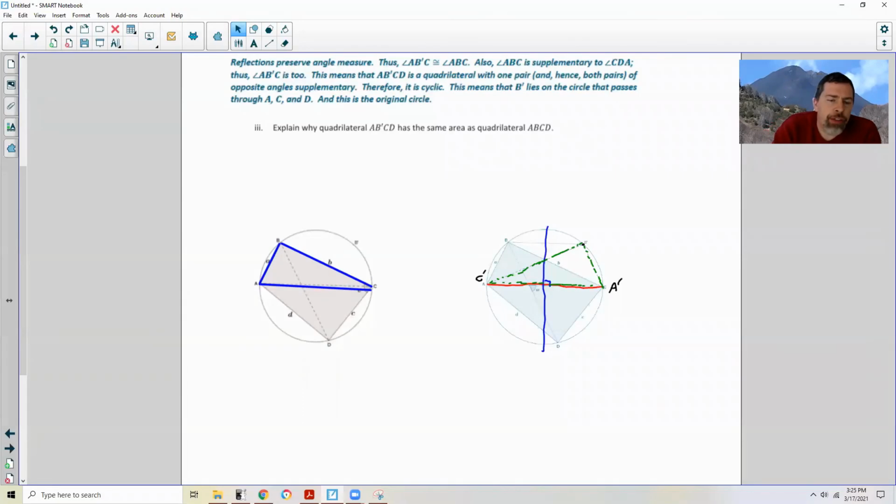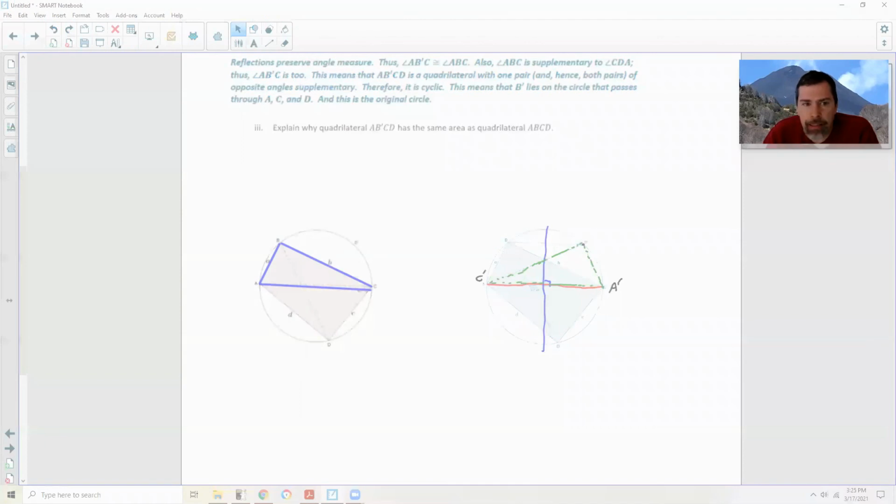Okay, part 3 says to explain why quadrilateral A, B prime, C, D has the same area as quadrilateral A, B, C, D. All right, here we go. Another lengthy response. Well, this one's not too bad, I guess.